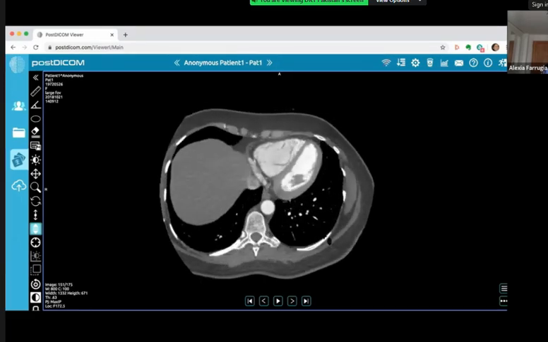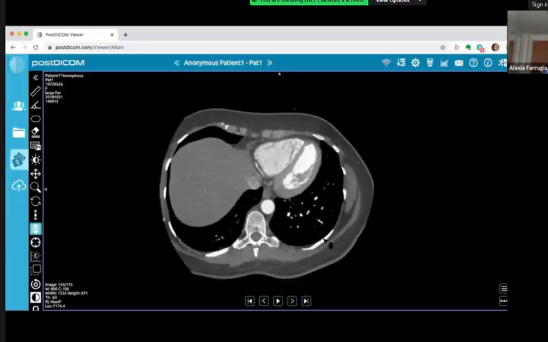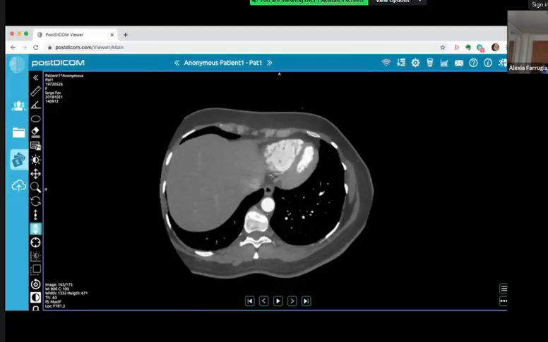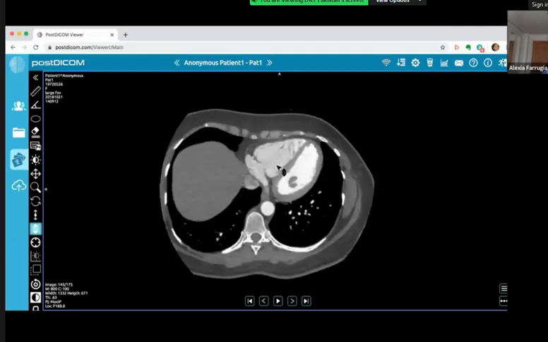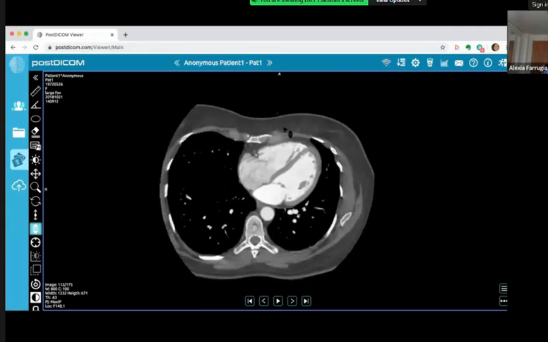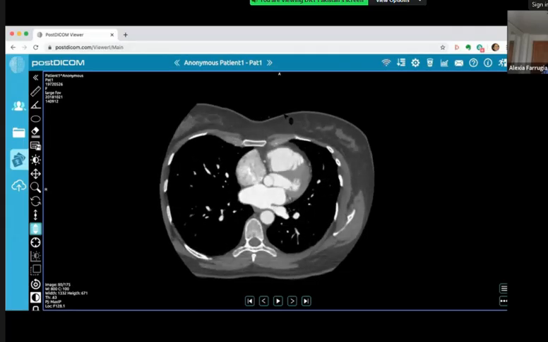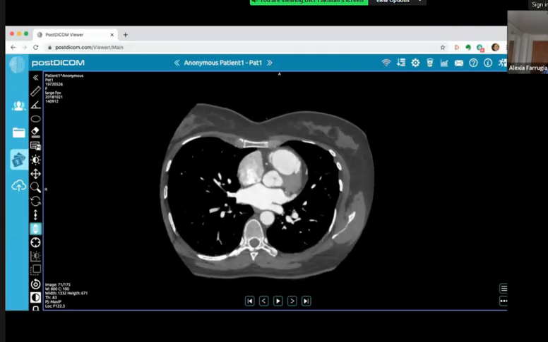In this case, since the right coronary is dominant, it supplies the PDA in the base of the heart. It is even more important, this interarterial course. Okay, well done. Thank you.